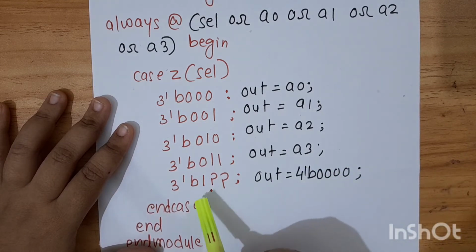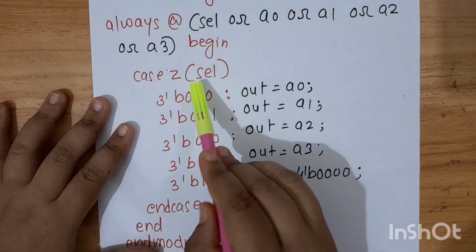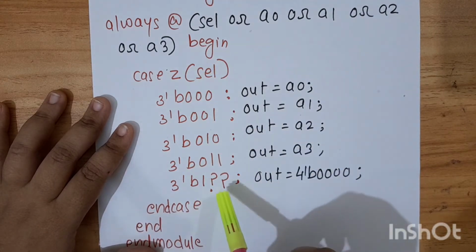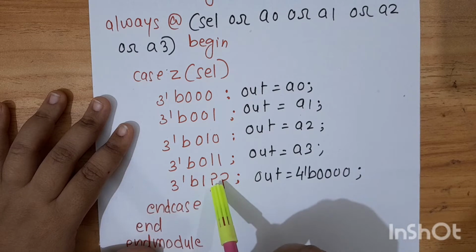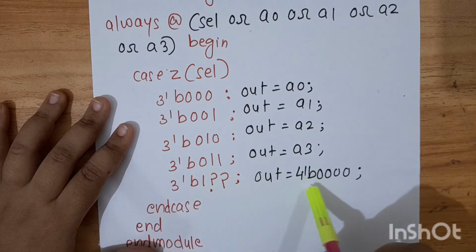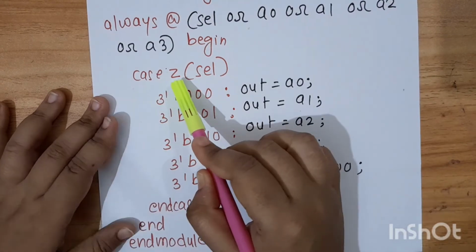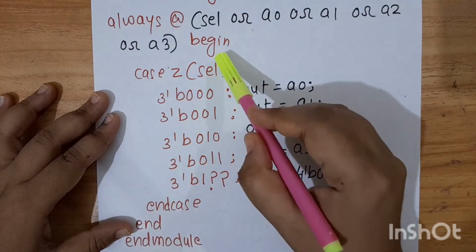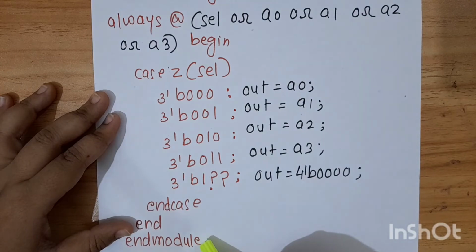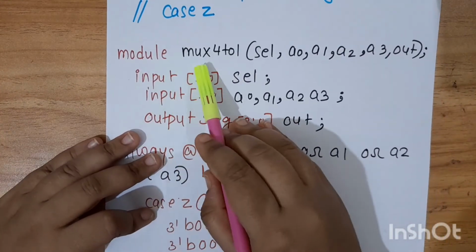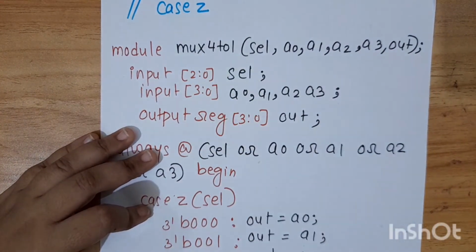Means whenever the most significant bit of the select is 1, irrespective of the value of the other 2 bits, output would be 4'b all zeros. Okay, endcase for this casez statement, end for this begin statement, and endmodule for this module mux 4 to 1.